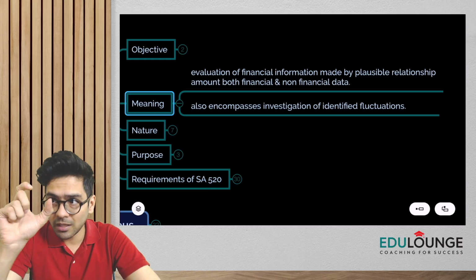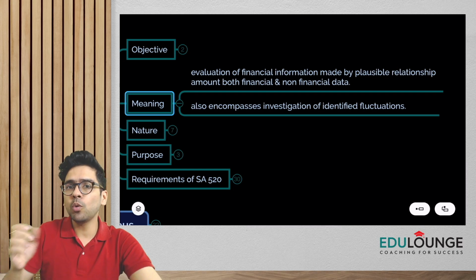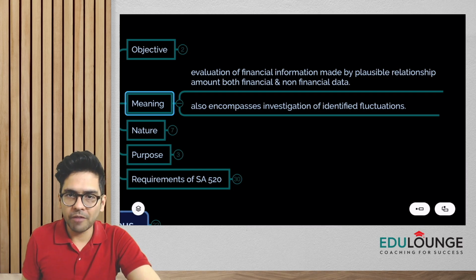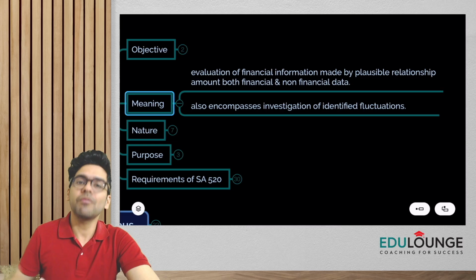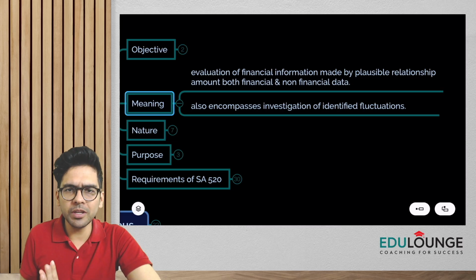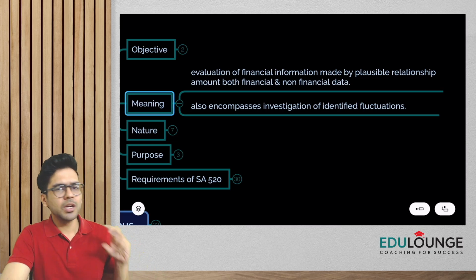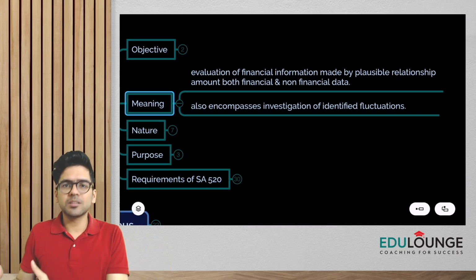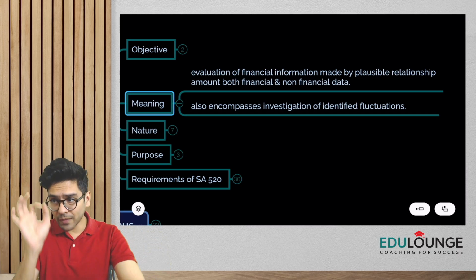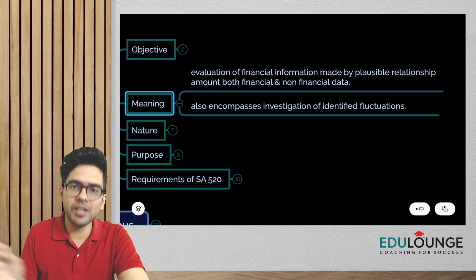I have to see the employee benefit expenses, and I have to ask them, how many employees do you have? Now this number of employees is non-financial data, but it is going to give me a good insight. Last year the average employee cost was this, this year it has become this. I can do a comparison, but I have considered something which is non-financial in nature.